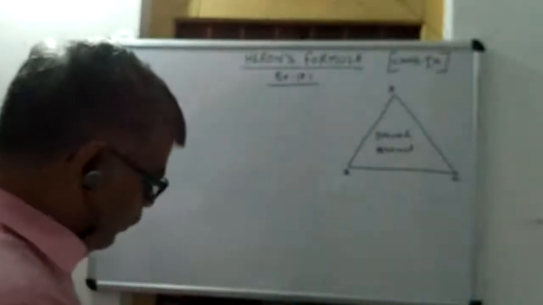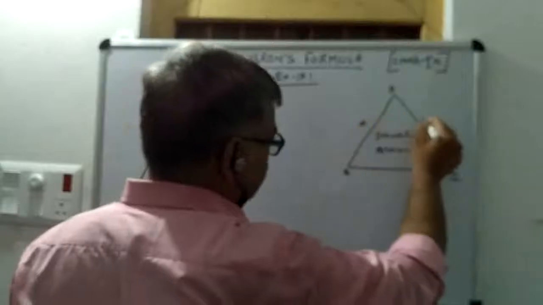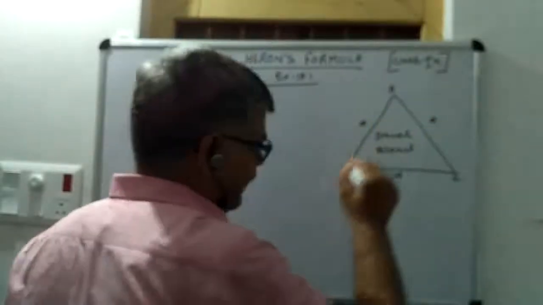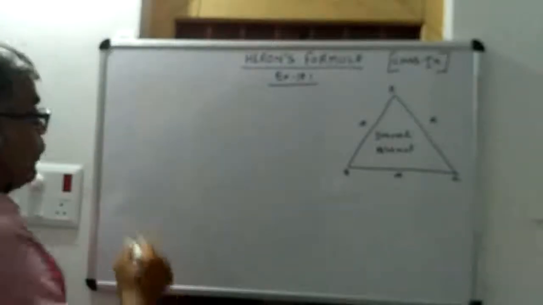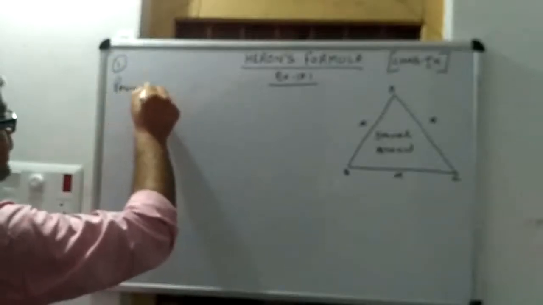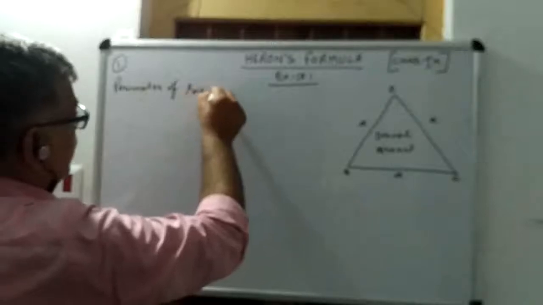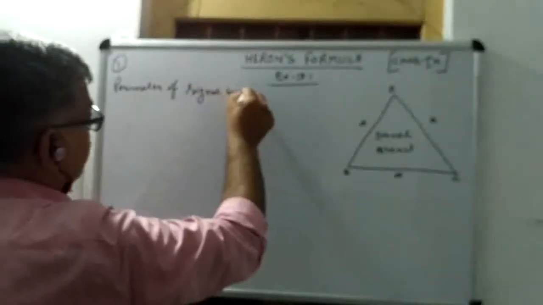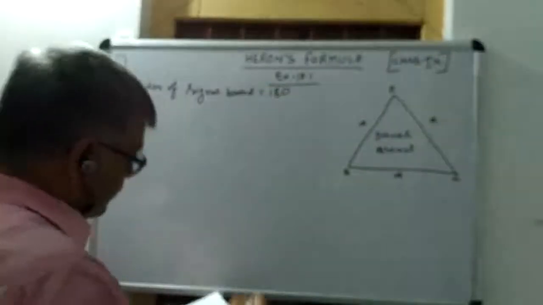And this signal board has equal sides. All three sides are equal. It is given as a. And it is also given that the perimeter of the signal board, this is your question number 1, equals 180 centimeters.